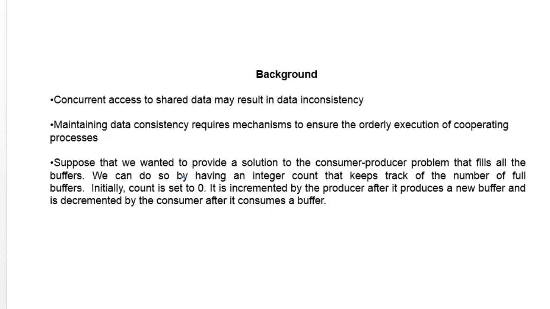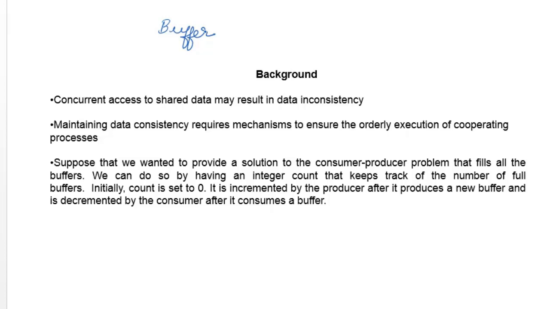To allow producer and consumer processes to run concurrently, we must have a common area of memory where they can share the information. That area, normally we call it a buffer.